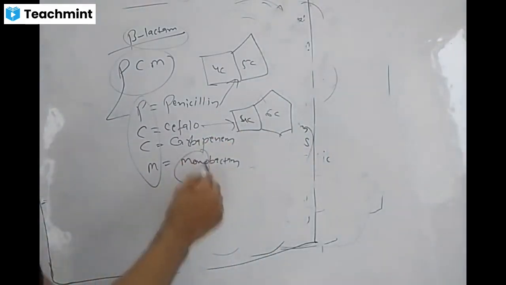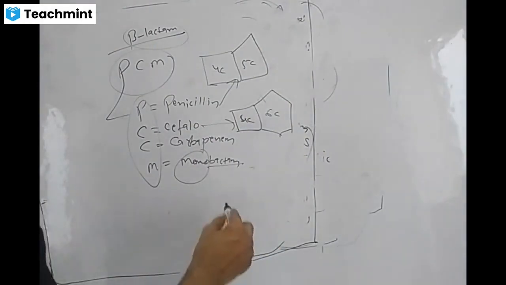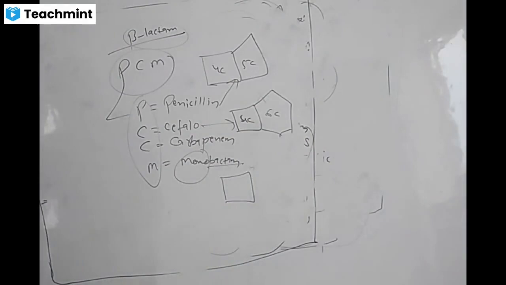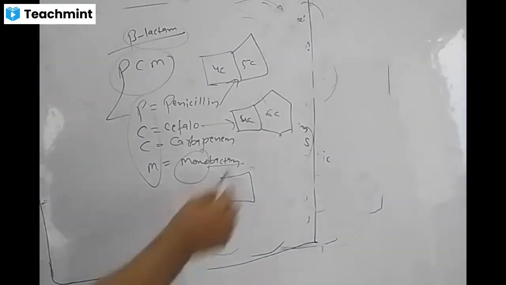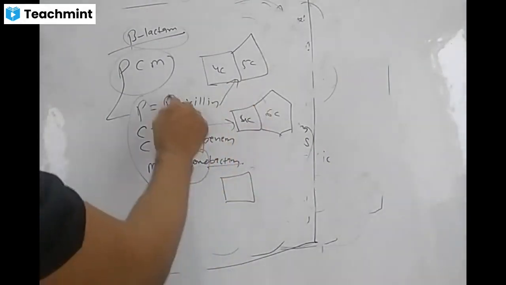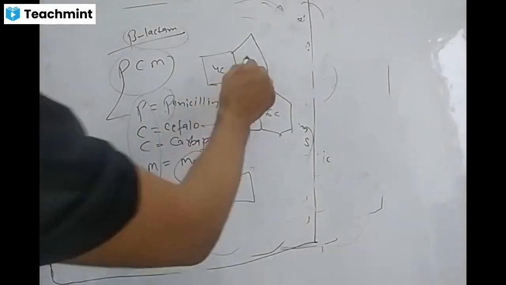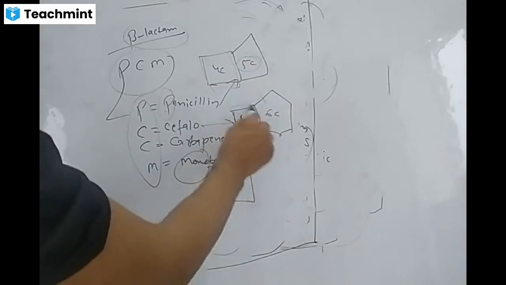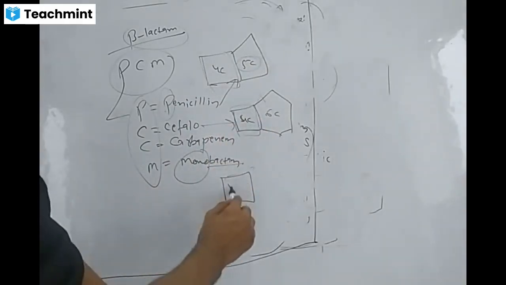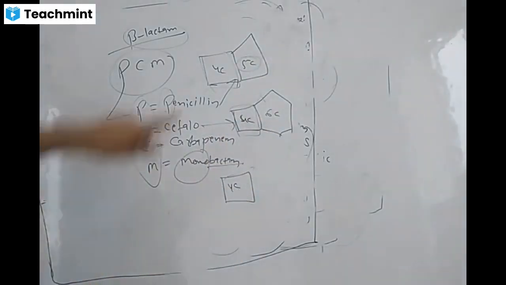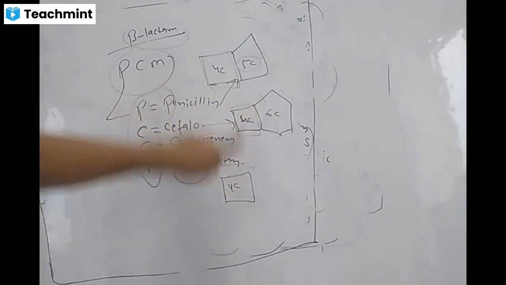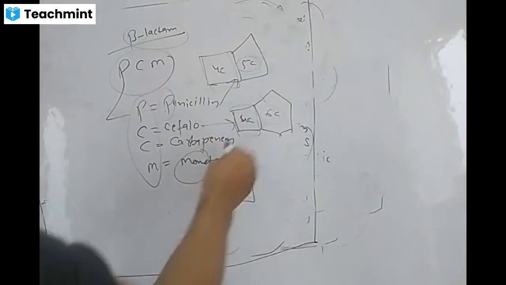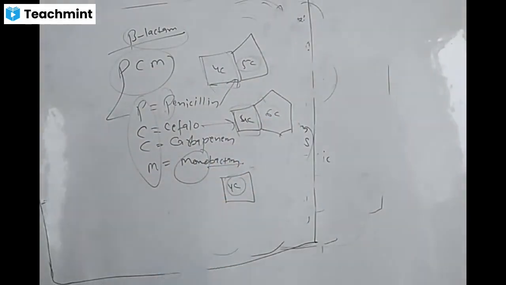Mono means one, bactam means beta-lactam, so there is only one beta-lactam. In all cases this four-member ring remains the same. This ring is the beta-lactam. Five-member is penicillin, six is cephalosporin, and only one is monobactam.